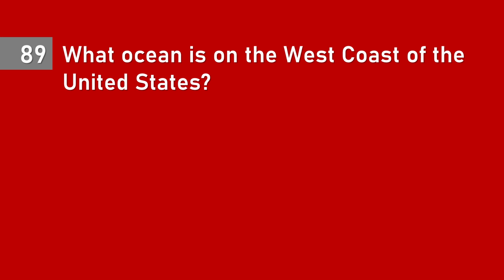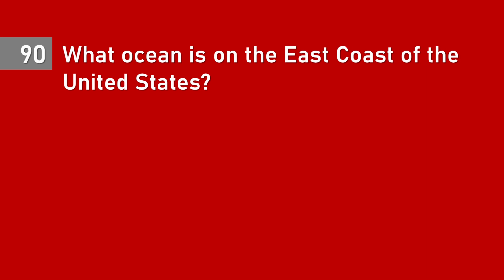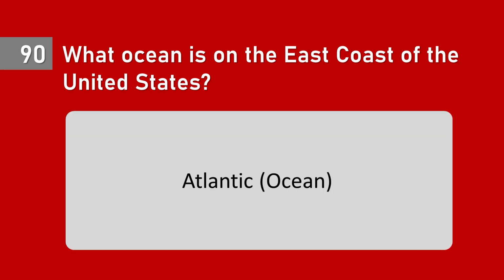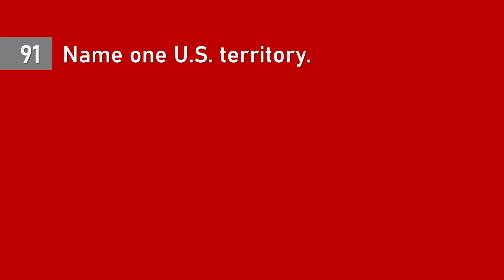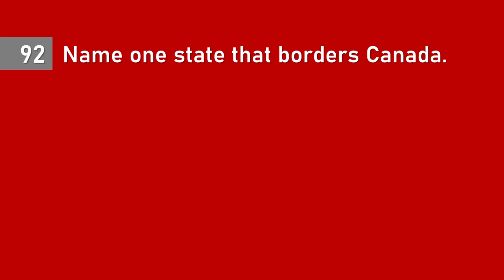Question 89. What ocean is on the west coast of the United States? Pacific Ocean. Question 90. What ocean is on the east coast of the United States? Atlantic Ocean. Question 91. Name one U.S. territory. Puerto Rico, U.S. Virgin Islands, American Samoa, Northern Mariana Islands, Guam. Question 92.